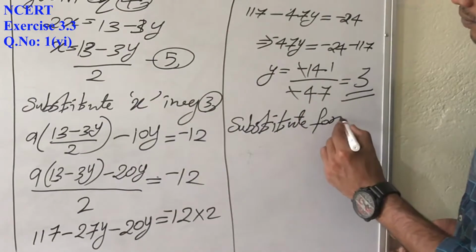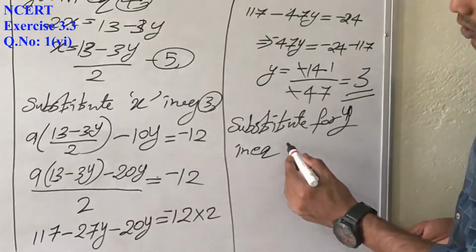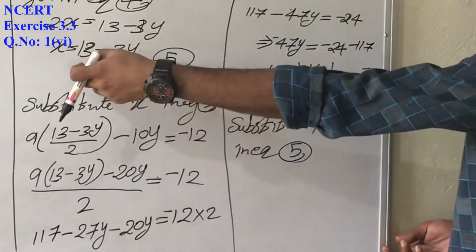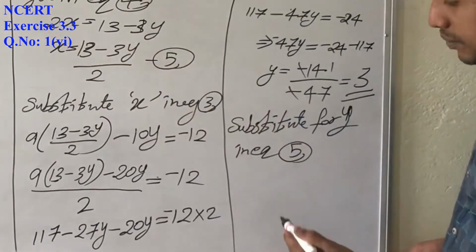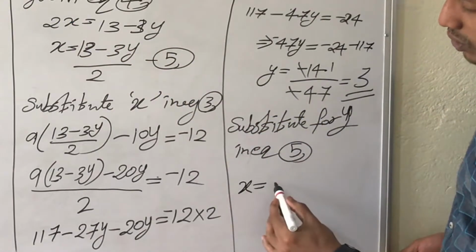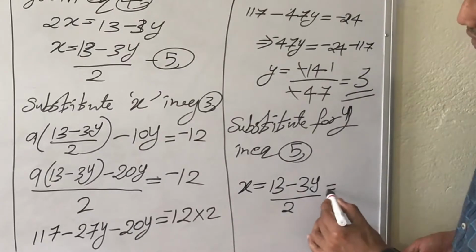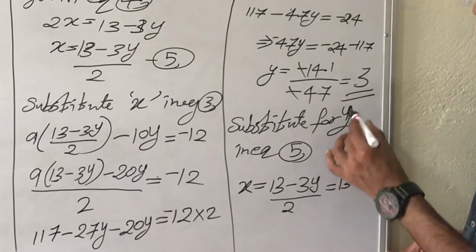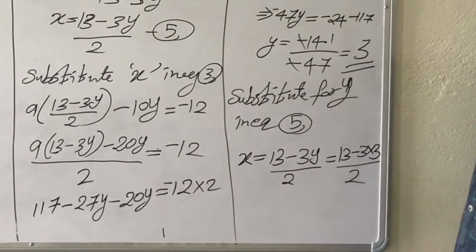Substitute for y in equation 5, because this is the equation where we have written x in terms of y. That is, x is equal to 13 minus 3y divided by 2, that is equal to 13 minus 3 into, what is y? y is 3.